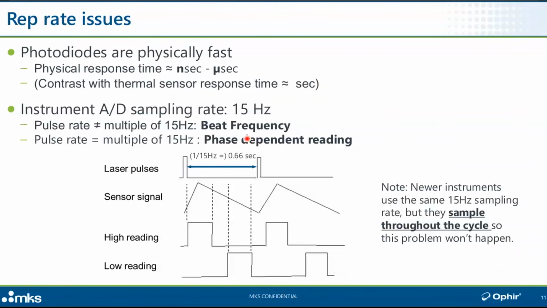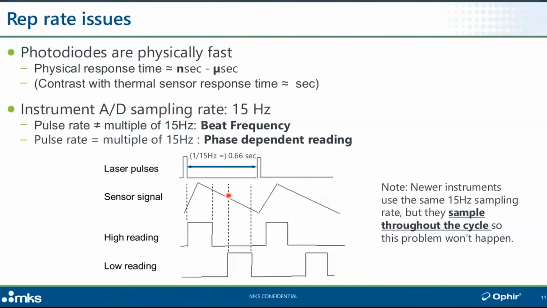More so in older designs than newer designs, but still, in many types of A to Ds, the laser pulses are coming in at 15 hertz, meaning there's 66 milliseconds between each laser pulse, and once each cycle, my A to D opens up, takes a sample, and then closes. In more modern instruments, it stays open through the whole window, so this problem won't actually come up. But I know at Ophir, some of our older instruments used to have this problem, and that's why I felt it's interesting enough to share it with you.